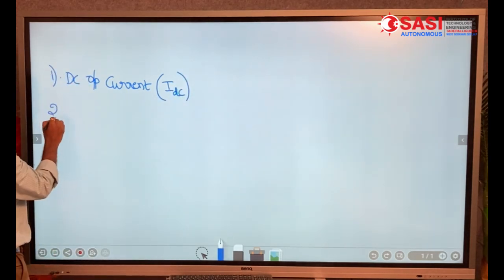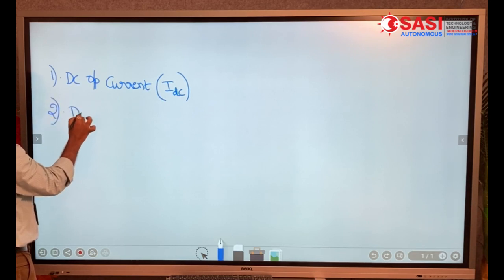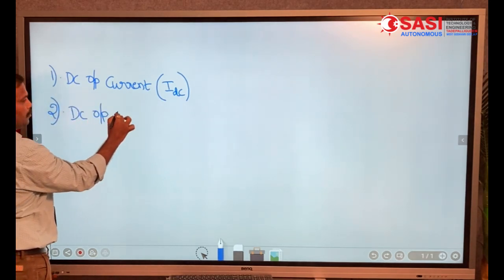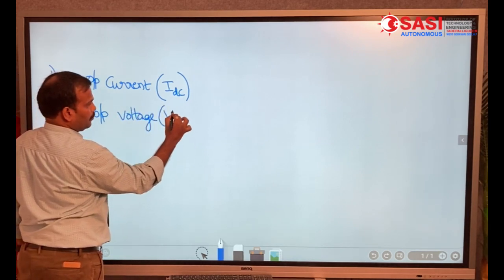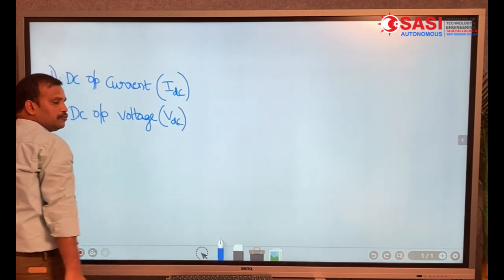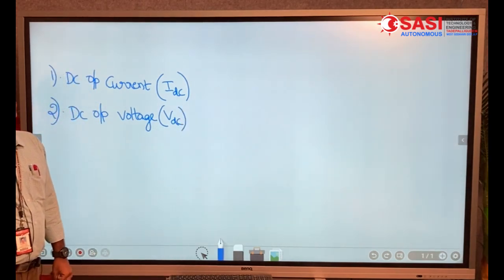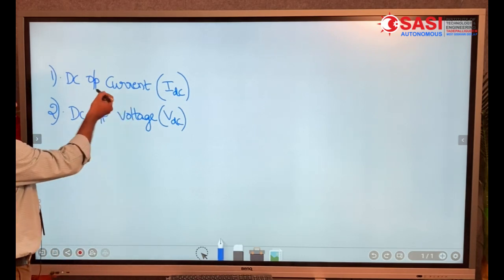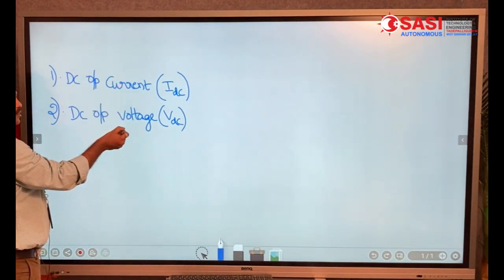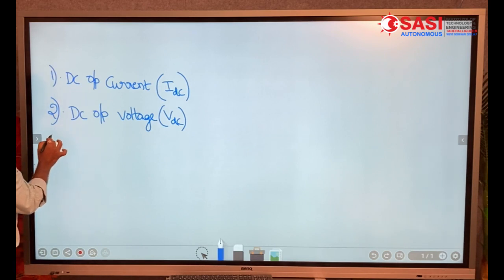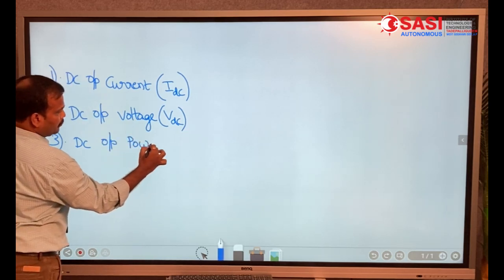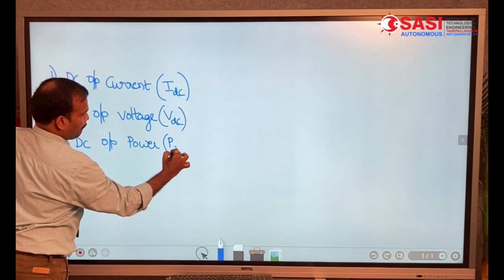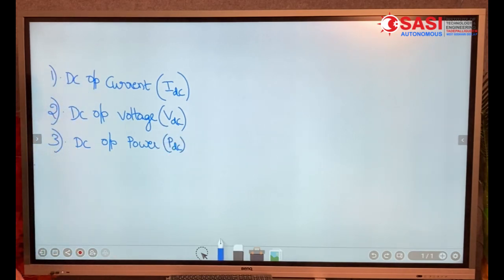Next, DC output voltage, VDC. As we know, the output of the rectifier is DC. At the output, DC output current and the DC output voltage are calculated. From this, DC output power, PDC.